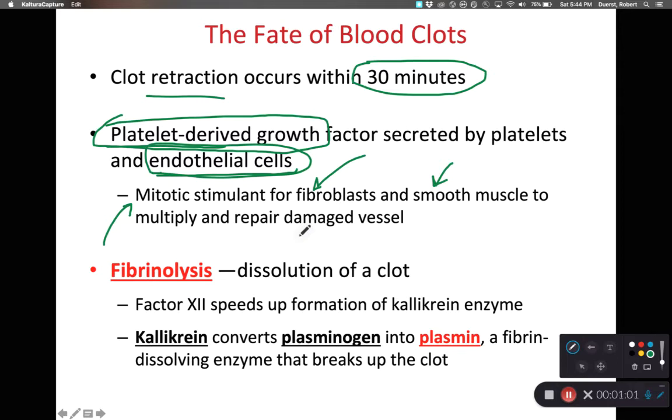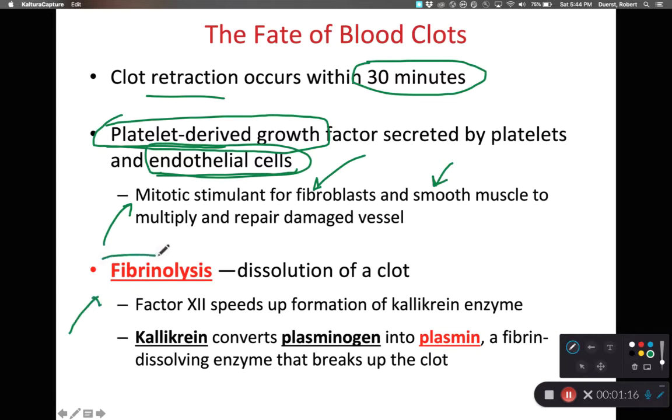So a blood clot is going to release chemicals that speed up the healing and recovery process of the blood vessel. The process of removing a blood clot is known as fibrinolysis.